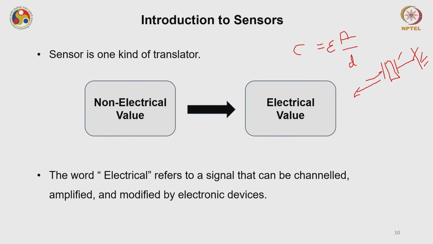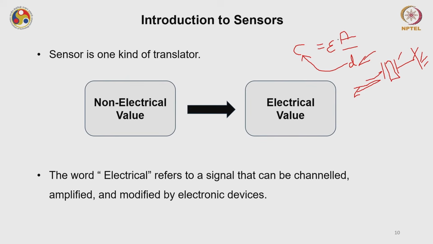Because of this, the D value is changing, and because of this D value, the capacitance value is changing. Now if you see, this motion is a non-electrical value.